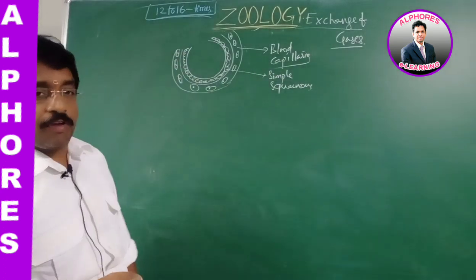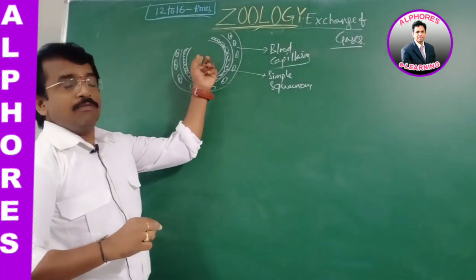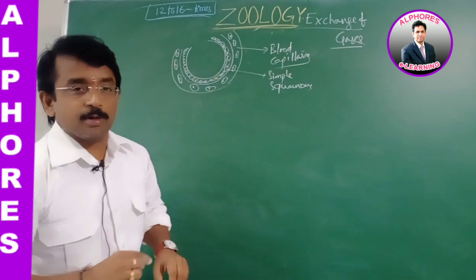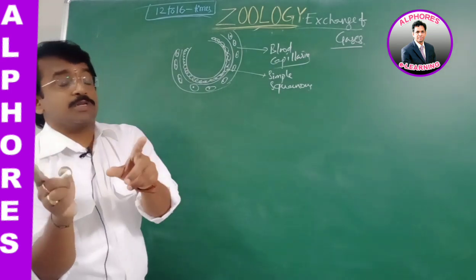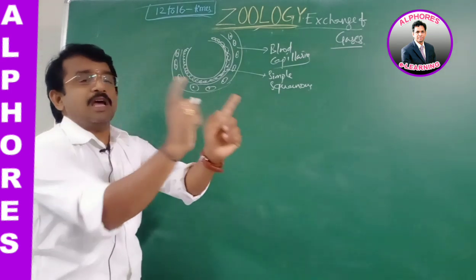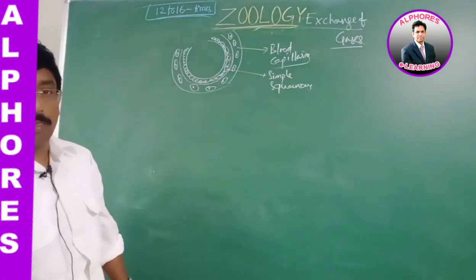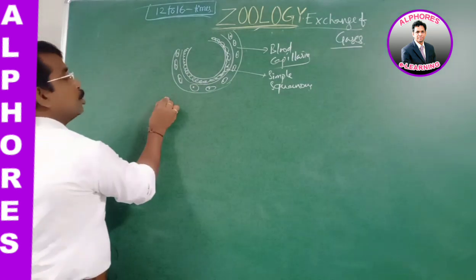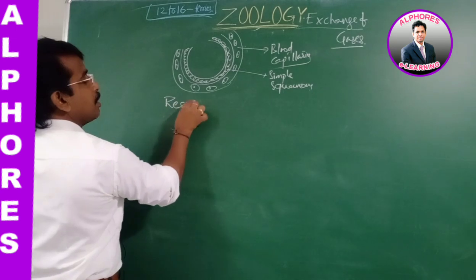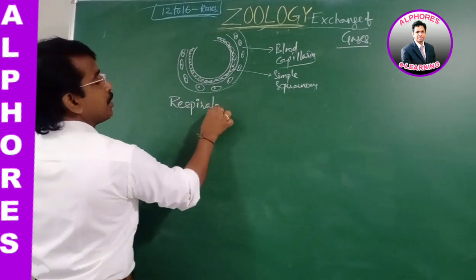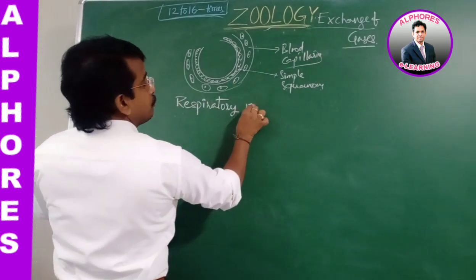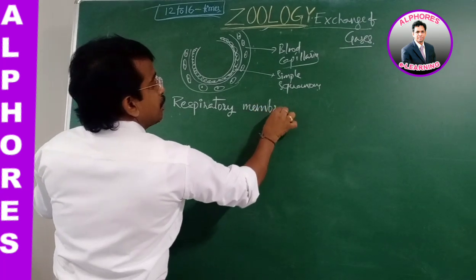So exchange of gases between the alveoli and the pulmonary capillaries, and vice versa, takes place through the respiratory membrane.